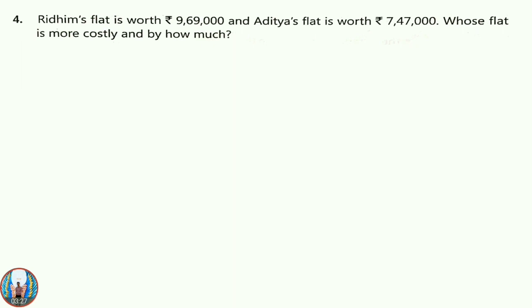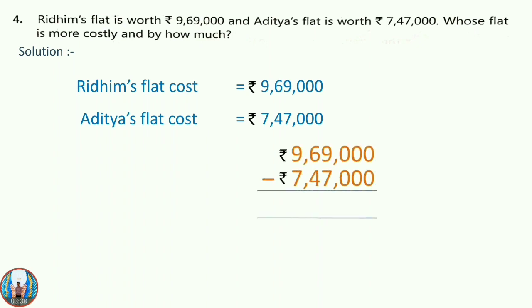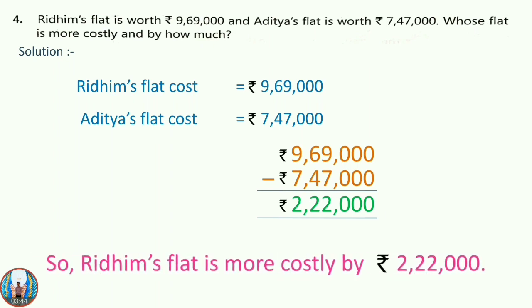But for how much, we have to subtract the lower value from the higher value. So we write Ridhim's flat cost, then Aditya's flat cost, and then subtract. The difference is 2,22,000. So Ridhim's flat is more costly by 2,22,000 rupees.